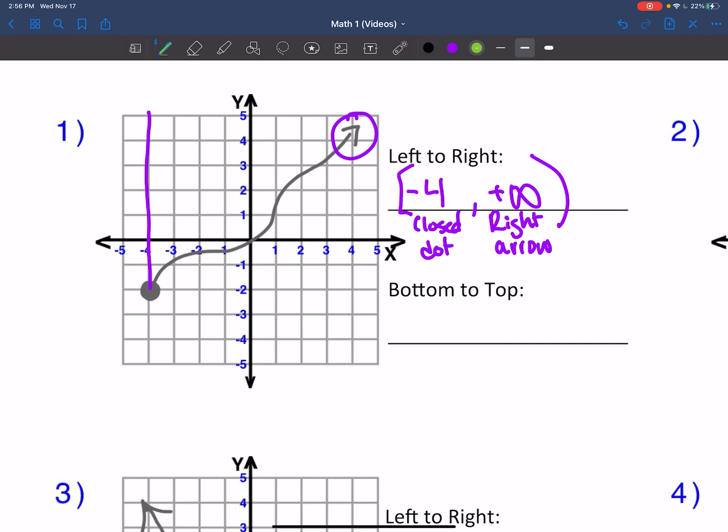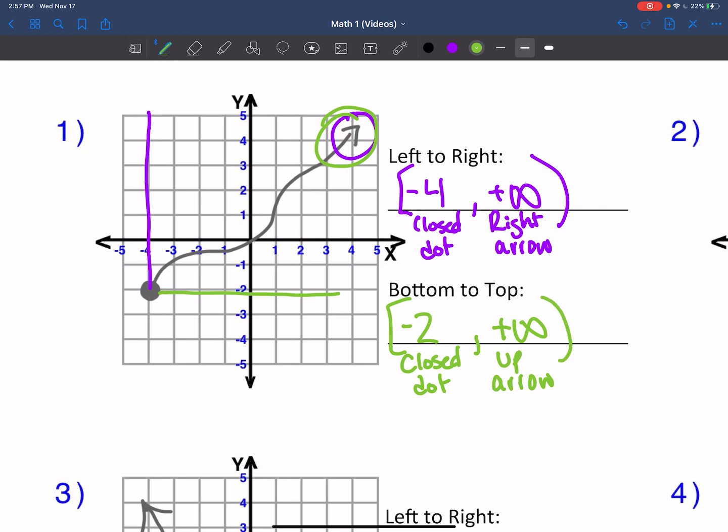Looking at the bottom, the bottommost part of this drawn graph is a -2. And we see a closed dot there, so that's how I know to use a closed bracket. At the very top of this graph, we have an arrow, and that arrow's on top, so that's an up arrow, which also means it's positive. If you go up in math, that's positive.